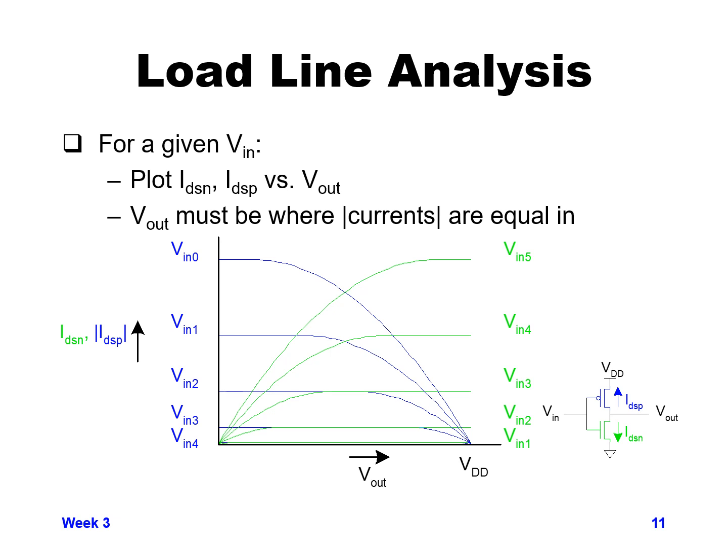So for a given V in, if we want to plot the current through the drain to source of the N and the current through the drain to source of the P, they have to be equal to each other. And we need to figure out what V out value we would get based on drain to source of the P and N being equal to each other. So V out must be where the currents are equal. So how would we go about doing this?